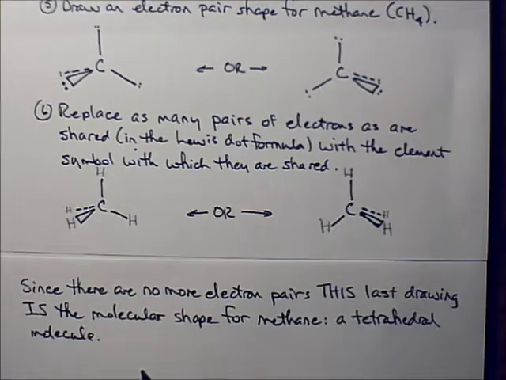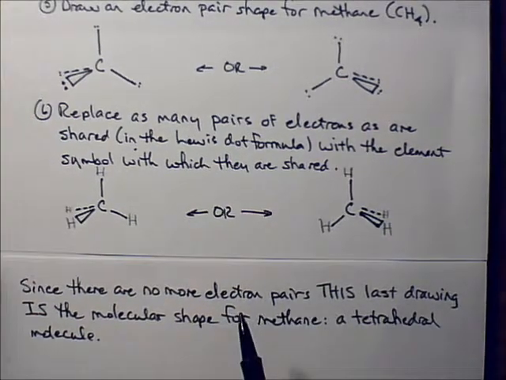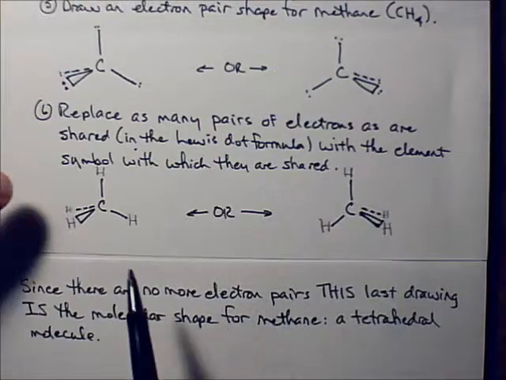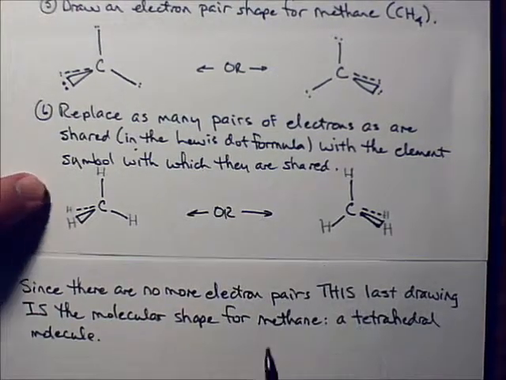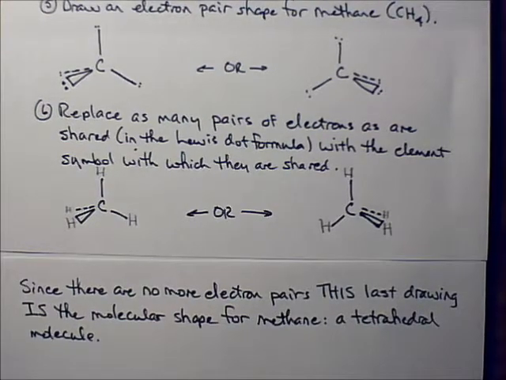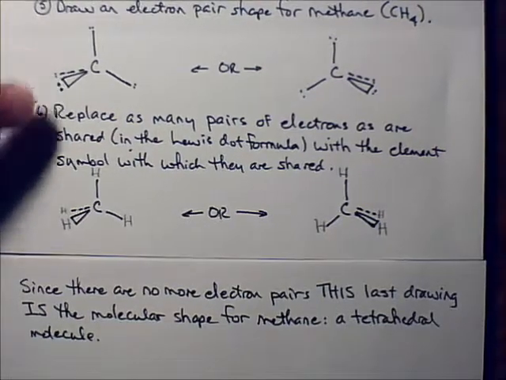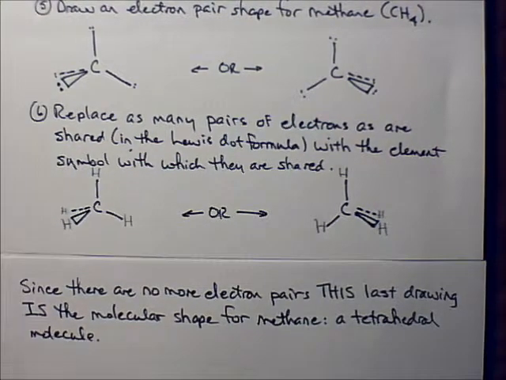Well, this is the molecular shape. Once you've gotten rid of the electron pairs using the step-by-step procedure I teach you, it might be 6 steps, it might be 7 steps, depending on whether there are electron pairs left over in this step. Since there are no more electron pairs, this is the molecular shape. Since the name of this shape up here in the beginning was tetrahedral, this is also tetrahedral, and that makes the molecular shape tetrahedral.